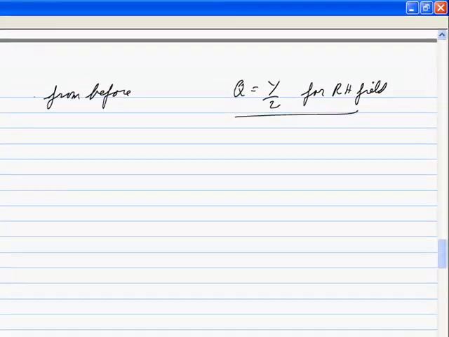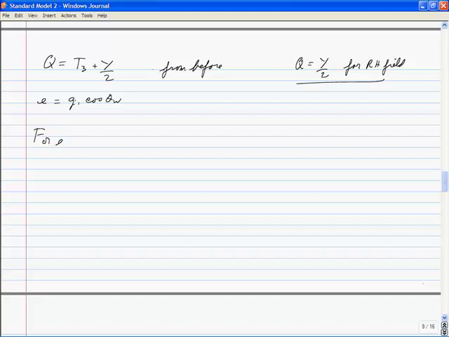The coupling was, the electron had hypercharge minus 1, so the Lagrangian would be E bar, actually, I'm pretty sure that's minus 1.